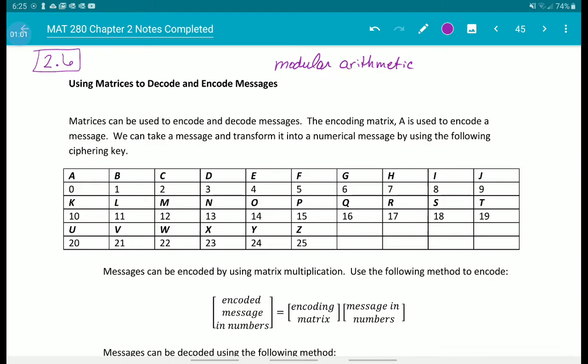Think about military time. Military time is based on 24 hours. So if someone told you it was 13 o'clock, what time would that be? Well, we know that that would be equivalent to 1 o'clock.